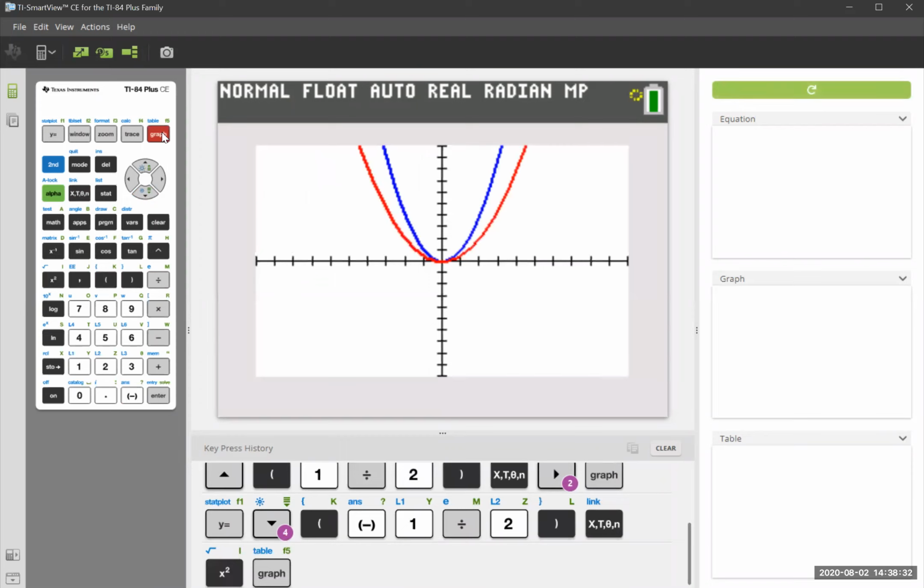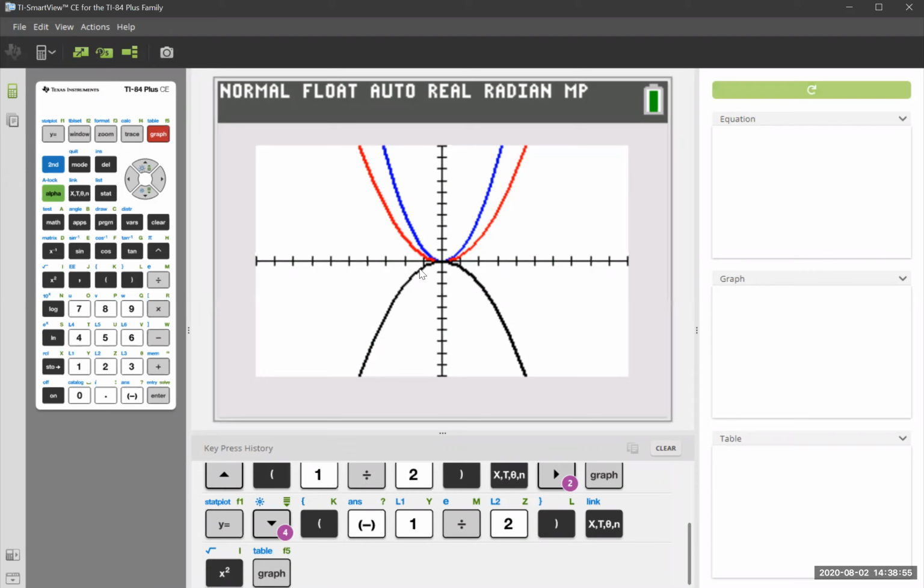Again, here's our original 2. And take a look at that. So our third parabola looks very similar to the one that we have in red. The only difference is that it is reflected across the x-axis. The negative basically just makes everything flip. So in this situation, if you have a positive lead coefficient, everything is pointing upward. It almost looks like a smiley face. But then when you make it negative, it's a frowny face.